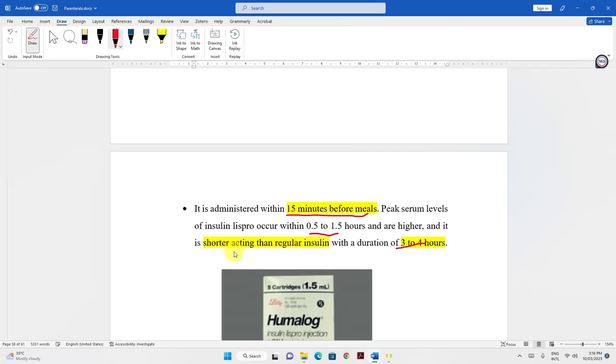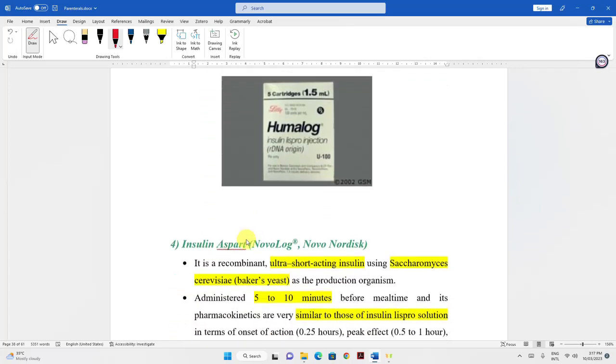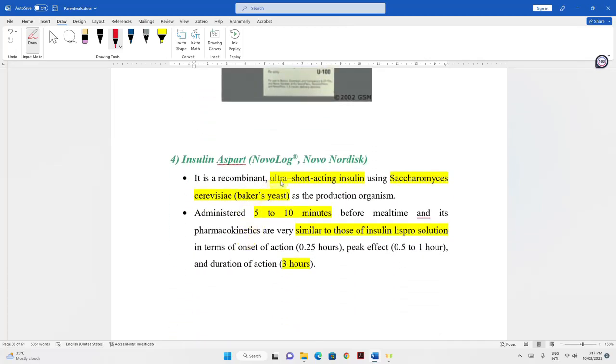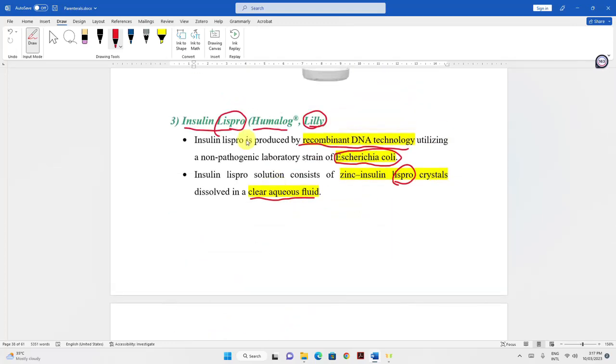If you compare it to short acting insulin, the duration is 6 to 8 hours, and you need to take it half an hour to 2 hours before the meal. This is just for comparison. So compared to regular insulin, Lispro is faster with a shorter duration.